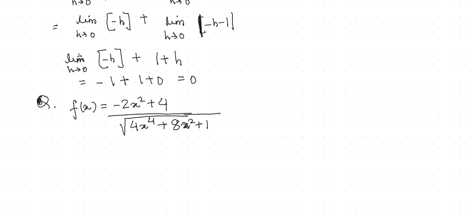We have to find limit x tends to infinity and limit x tends to negative infinity. So if we put infinity in place of x, we end up with infinity over infinity, which is indeterminate form.